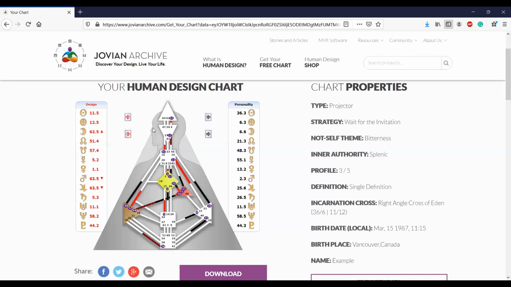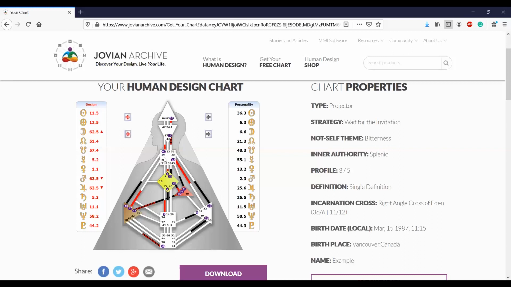All right, so let's check the centers. First, on the very top, there is the head. This is where information comes in, as well as inspiration. Then we have ajna, which is our mind, the way we think and process information.